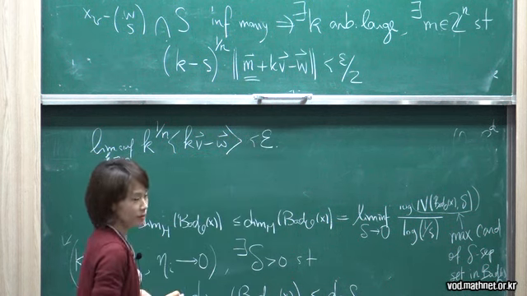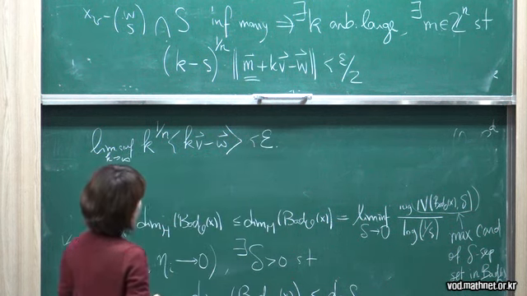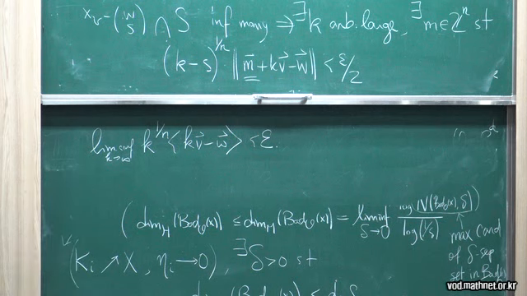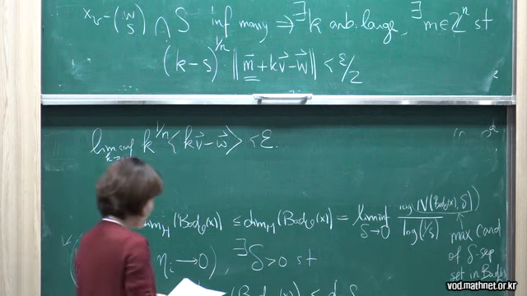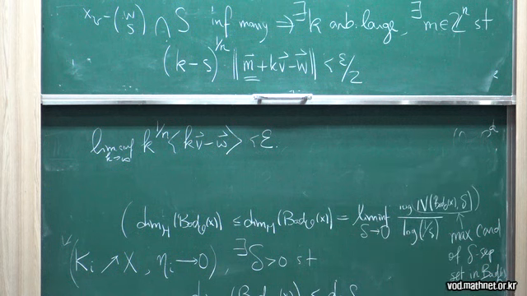Okay, so it's a contradiction. It's not a bad vector. Okay, so that was our main motivation of the first theorem.